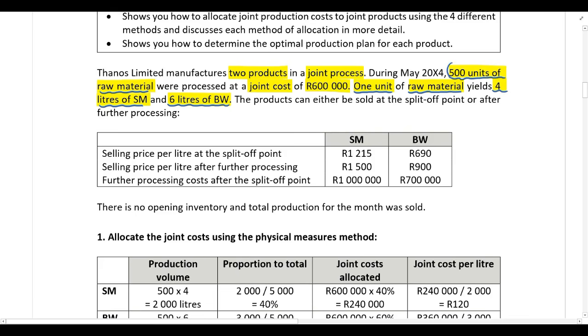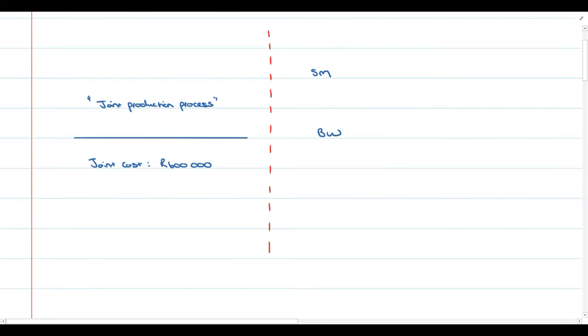So if 500 units of raw material were processed, let's calculate the number of liters that we'll have for SM and BW respectively. So for SM, 1 unit of raw material yields 4 liters. So if 500 units of raw material were input into the production process, that will yield 2,000 liters.